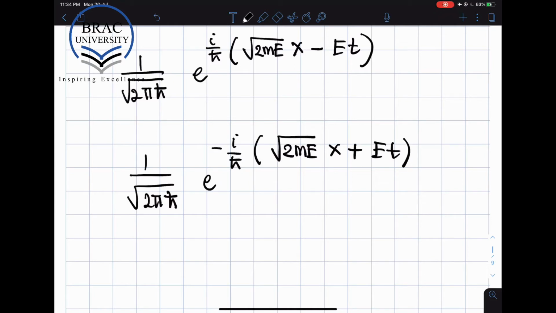This one is a right moving plane wave, and this is a left moving plane wave.